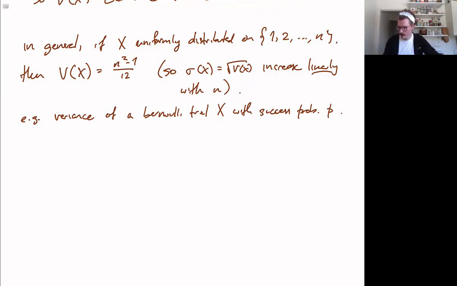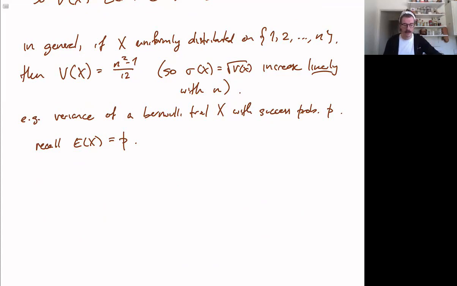So recall the expected value, we're going to need to know this, and I believe we've computed this before, but if we haven't, you can just do it in your head. It's 0 times 1 minus p plus 1 times p. So it's just p.